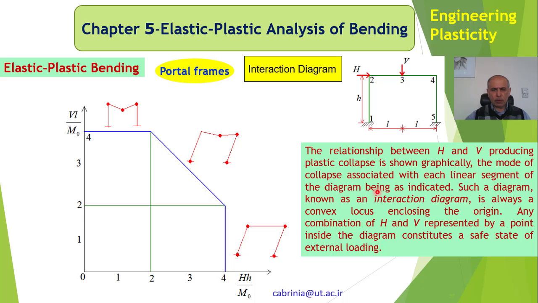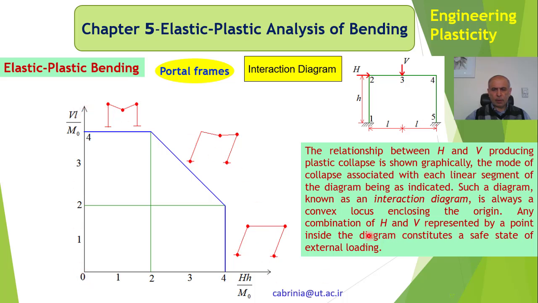Now the mode of collapse associated with each linear segment. That's one mode of collapse, another mode, and this is another mode, the diagram being as indicated. Such a diagram, known as the interaction diagram, is always a convex locus enclosing the origin. So it's convex.